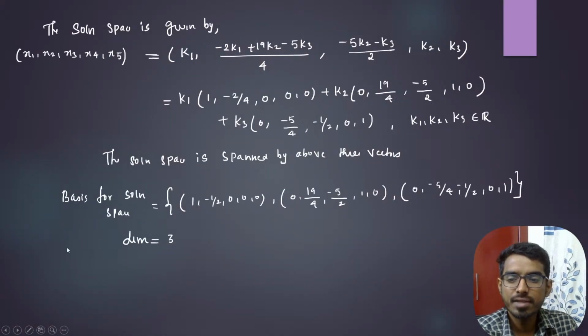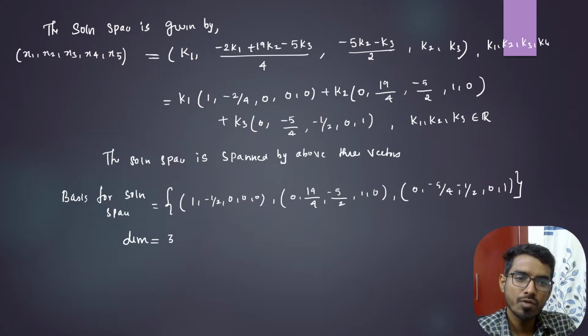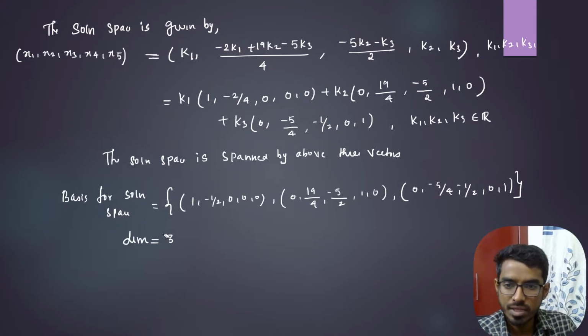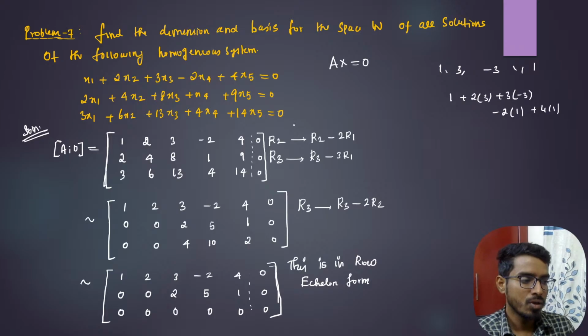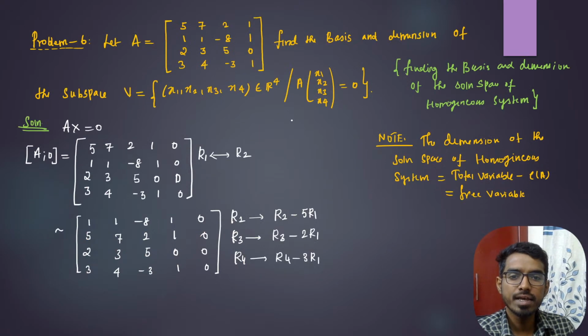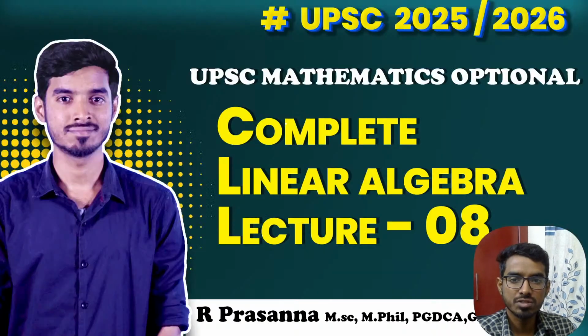When finding the solution, you simply say k1, k2, k3 belong to real numbers, and you stop there. But here you need to do one more step and bring in these ideas, which are very simple and interesting. Now you know how to find the basis and dimension for the solution space of a homogeneous system, right?